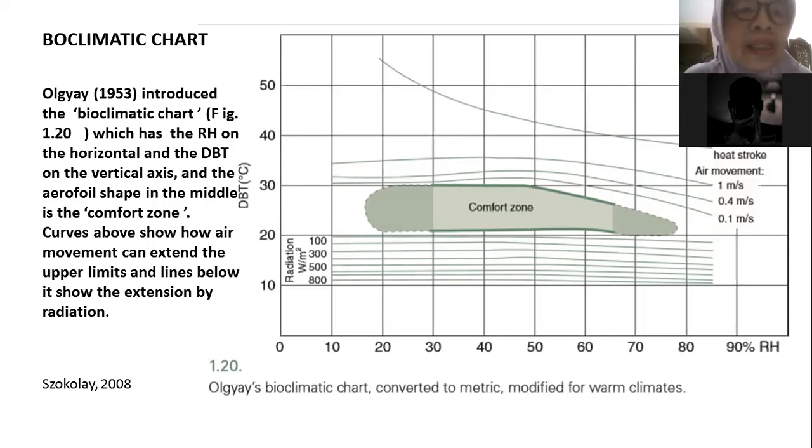Olgyay in 1953 introduced the bioclimatic chart which has the relative humidity on the horizontal. This is relative humidity, and in the chart the x axis shows us the dry bulb temperature, and this chart shows us the comfort zone.